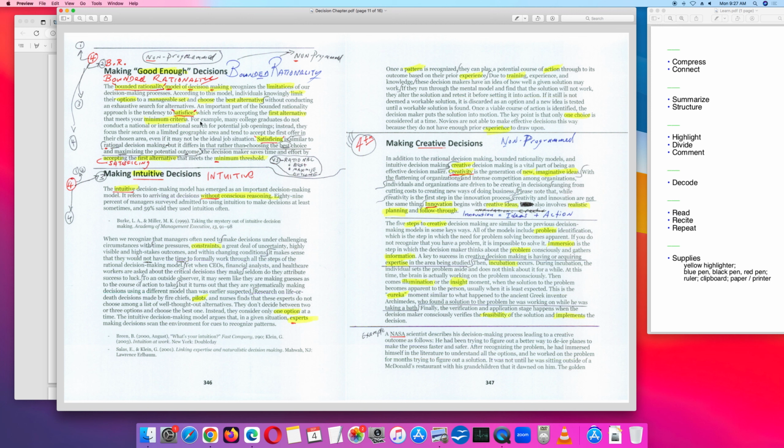Okay, so let's go back to this. So now what we're talking about here is page 346, left side, top of the page. We're talking about bounded rationality, which is a type of non-programmed decision. Non-programmed decision, 4 models, one of them is bounded rationality. Bounded rationality, keyword, satisficing, good enough decisions.